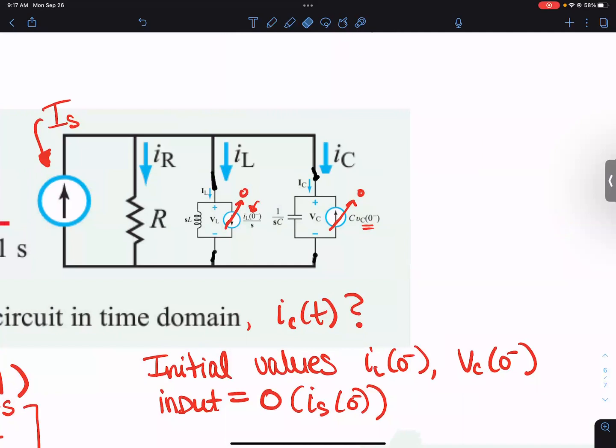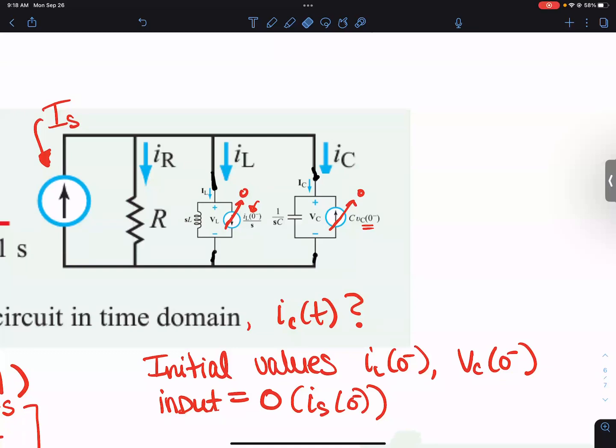Yep. So you could combine them. Being in complex domain, that makes it a little harder because you have the 1/SC. And so I tend to just like node voltage, as you've seen. So I would just do node voltage here.